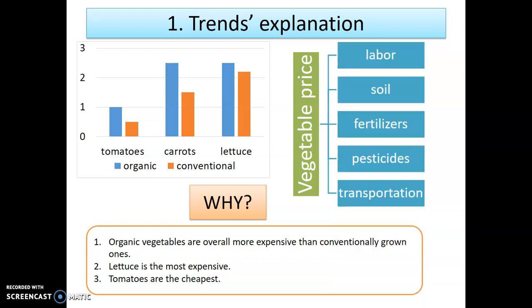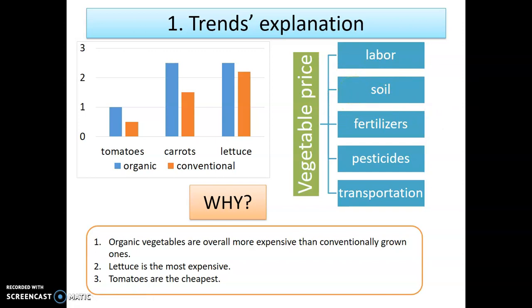Well, these are my answers. You can have different answers. I have written labor, which is how much you pay people to do manual work, like sorting vegetables, taking care of them, collecting them, and so on. Soil: the area where you grow vegetables matters.